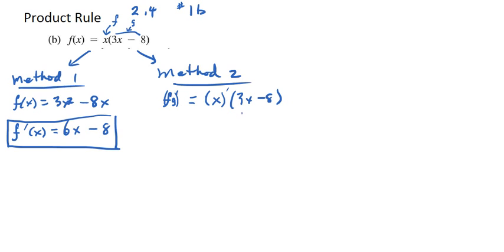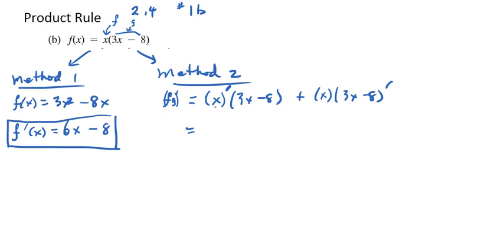You don't have to show all this work once you get used to it. I'm just still explaining this to you. Plus the first, which is x, times the derivative of the second. So take the derivative of the first times the second plus the first times the derivative of the second. And this is going to get real quick for you.